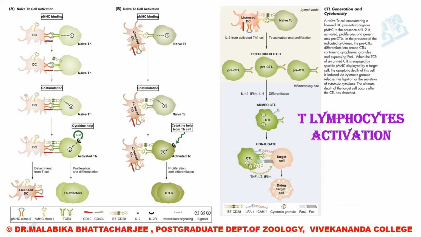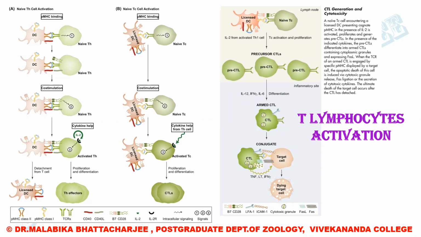Once signal 2 has taken place, expression of cytokine receptors is upregulated, and the T helper commences production of interleukin 2, IL-2. So signal 3 is delivered when the T helper cell's interleukin 2 receptors are engaged by interleukin 2. The dendritic cell, which is now, this is a very interesting word, considered to be licensed, due to its upregulated B7 expression, detaches from the T helper cell.